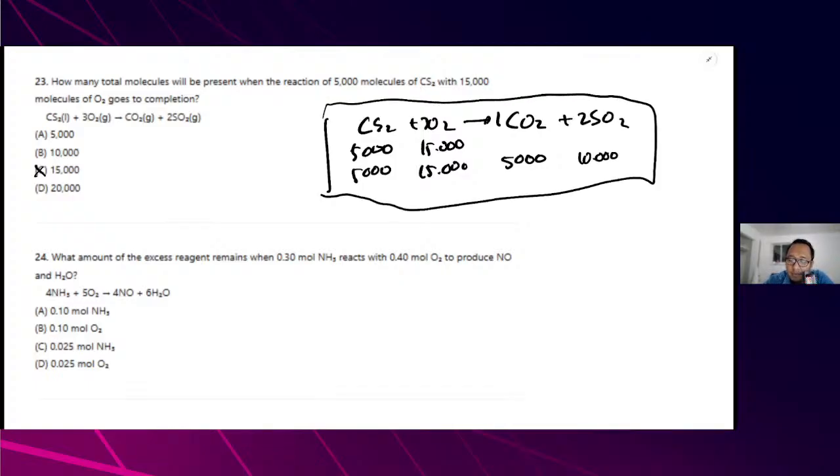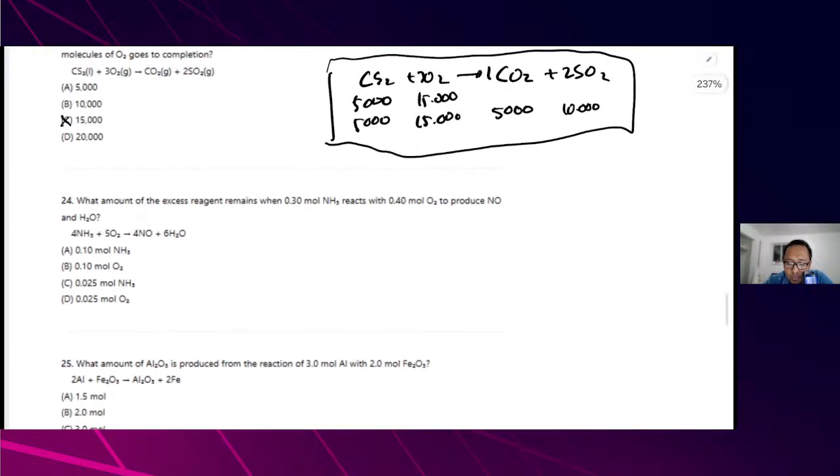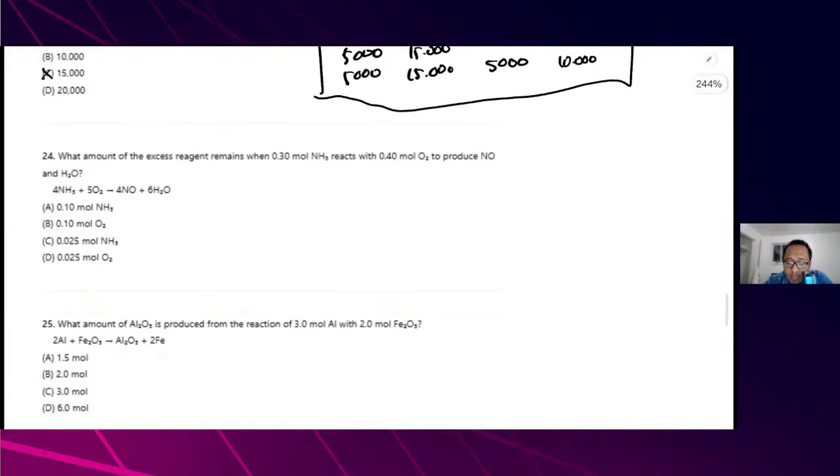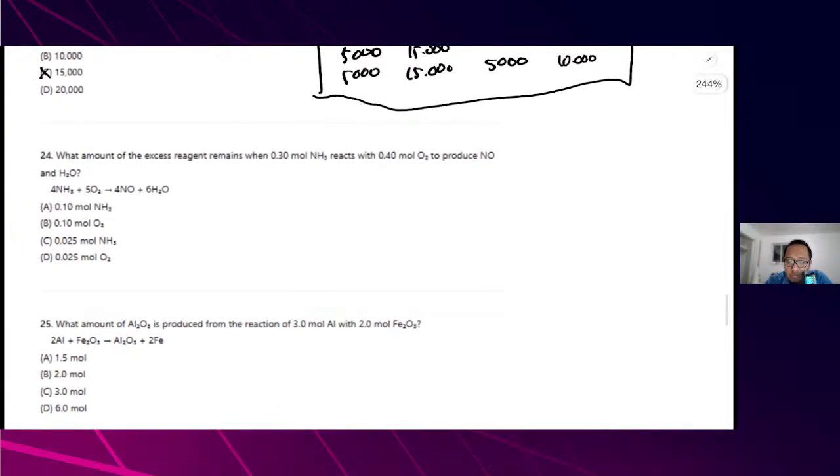Again, number 24. What amount of excess reagent remains when 0.30 mole NH3 reacts with this one to produce NO and H2O? Again, rewrite the equation and balance the equation first.